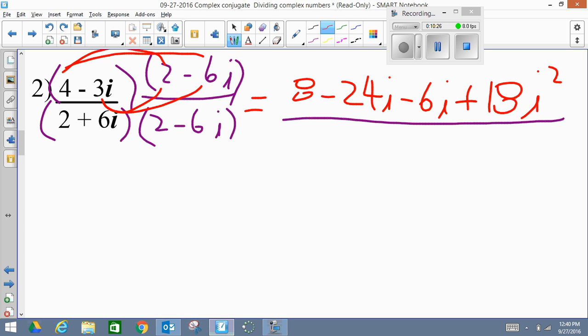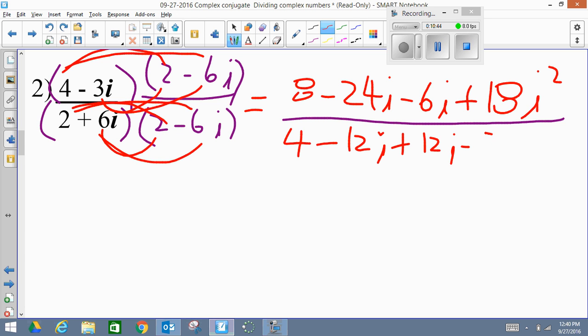Over the bottom, 2 times 2, 4. 2 times negative 6, negative 12i. And second term, 6i times 2, 12i. 6i times negative 6i is negative 36i squared. Doing great so far.